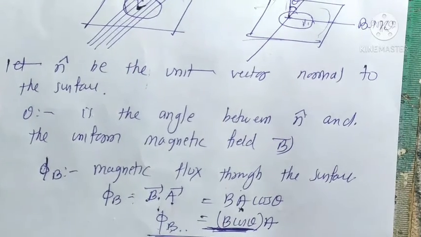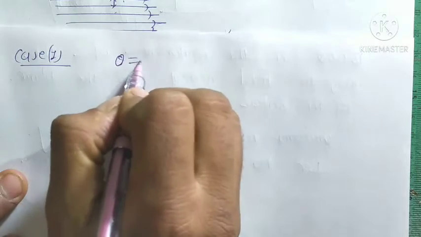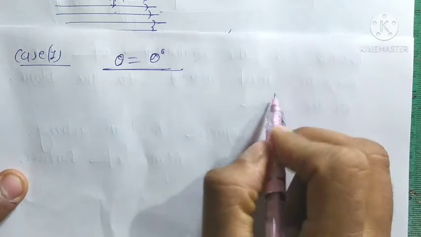Now we discuss some cases. Our first case, case number 1, is when theta is equal to 0 degrees. What happens in this case?